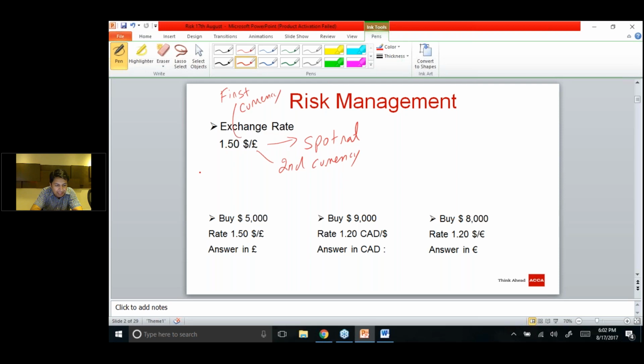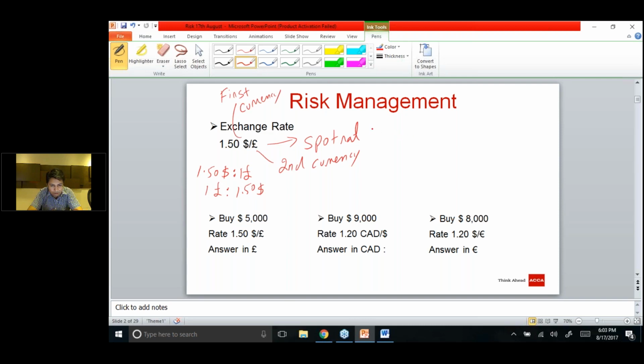This exchange rate can be stated like this: 1.50 dollar over pound, and it can be written like this: 1 pound is equal to $1.50. So let's learn how to convert the currency.